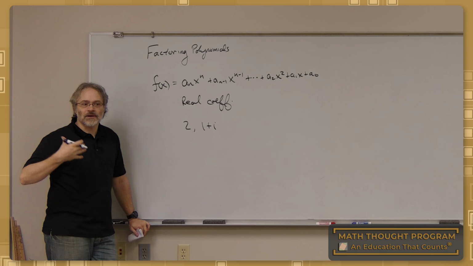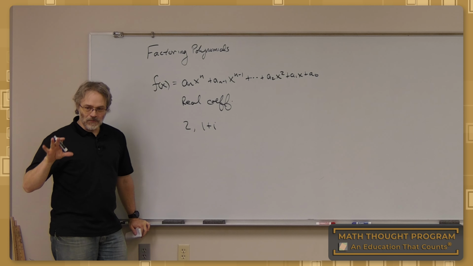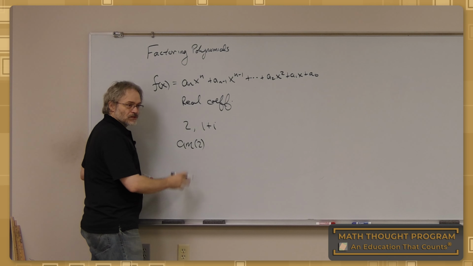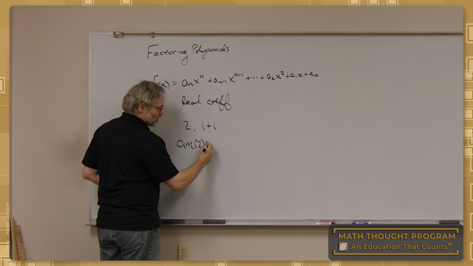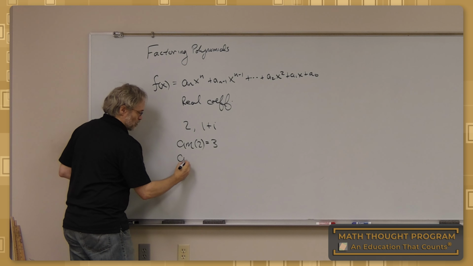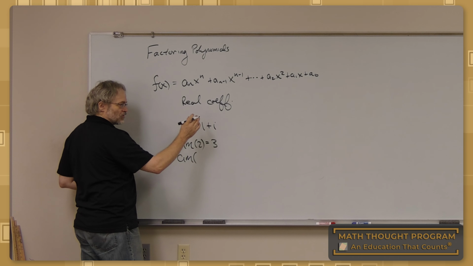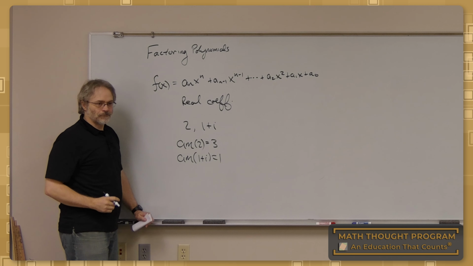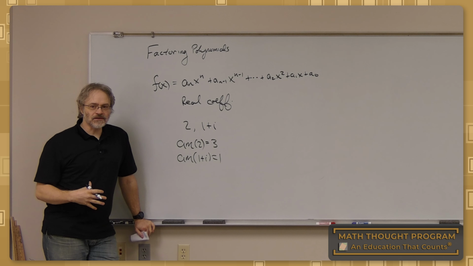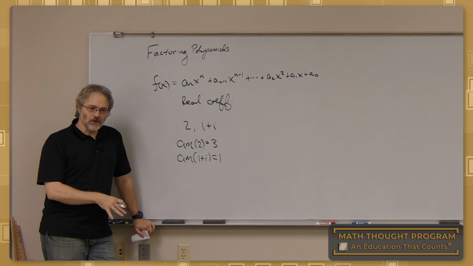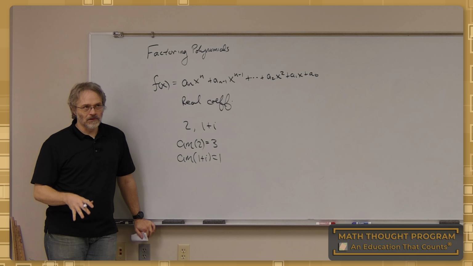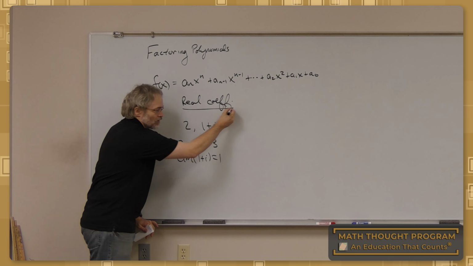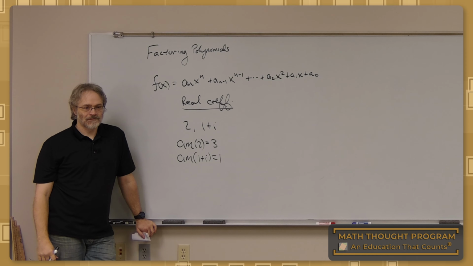So I might want to hammer it down a little bit more and say, okay, the multiplicities of these roots: this one, let's say, is going to be a value of 3, and let's say the multiplicity of 1 plus i is going to be 1. Our objective is to construct a polynomial which has these roots, and the coefficients must be real.